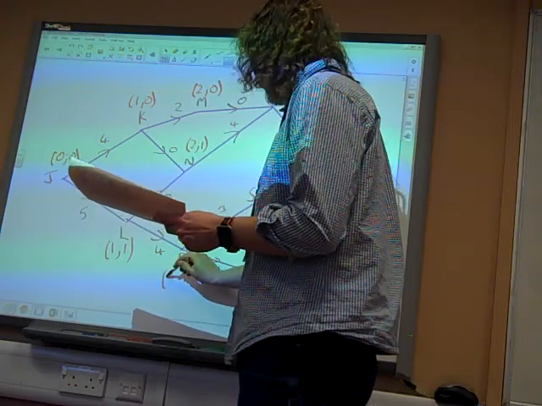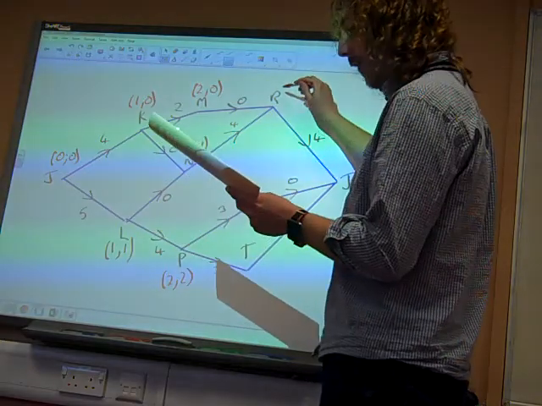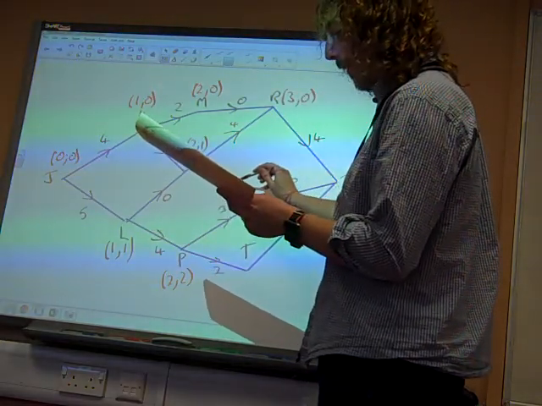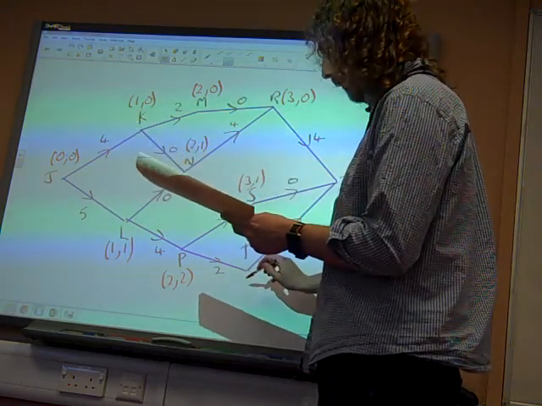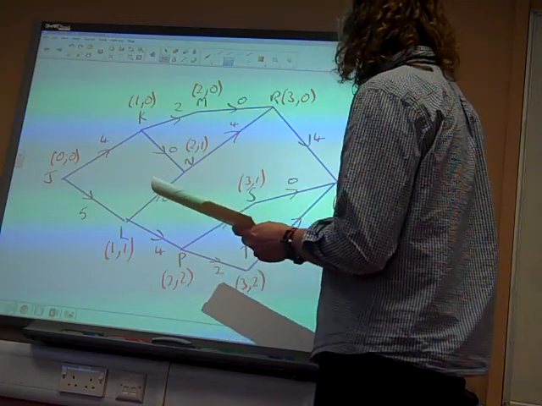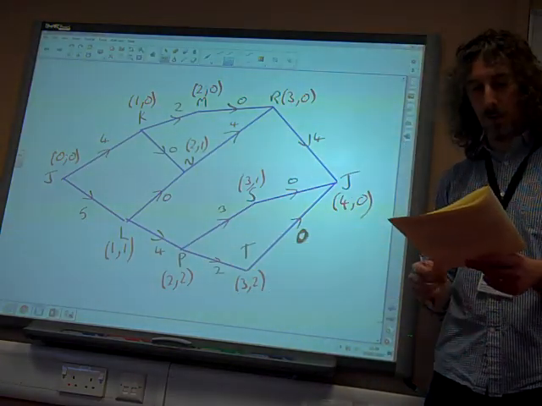P is 2, 2. And notice how I'm feeling really reassured that I've done everything right so far, because this is all in the perfect kind of order. And T is 3, 2. That makes J 4, 0. Okay, so we've got everything labelled.